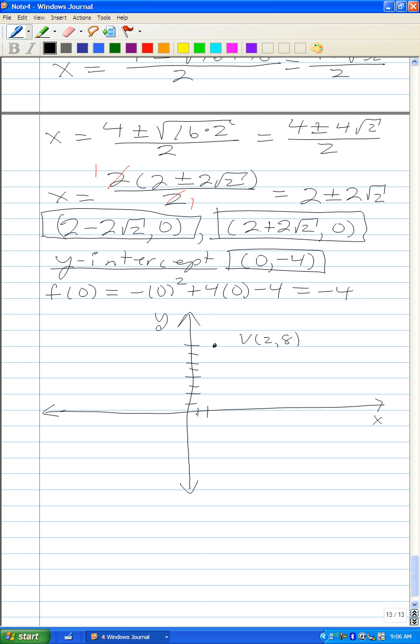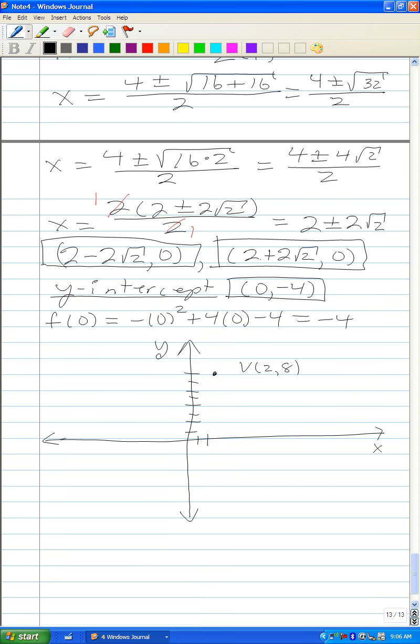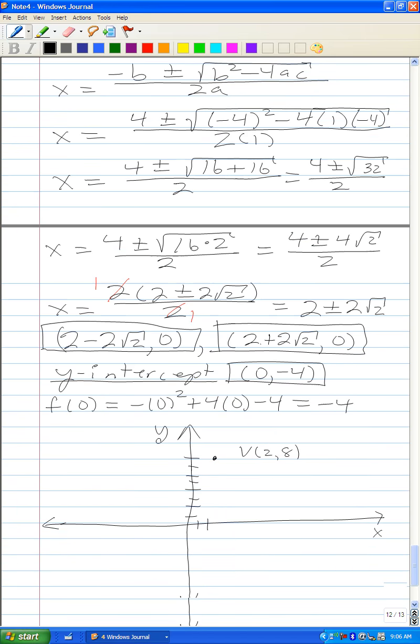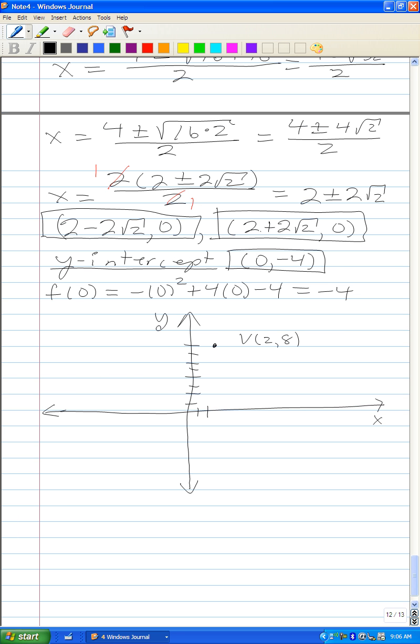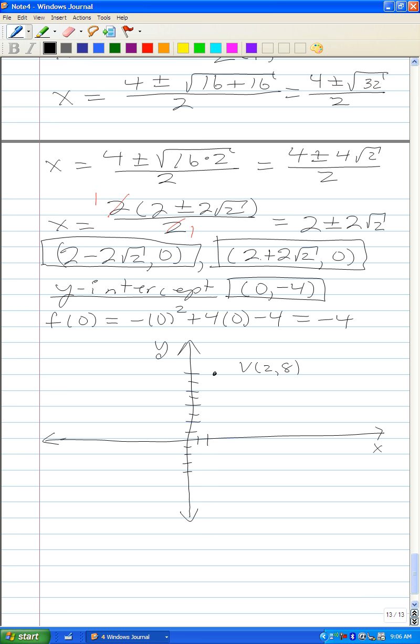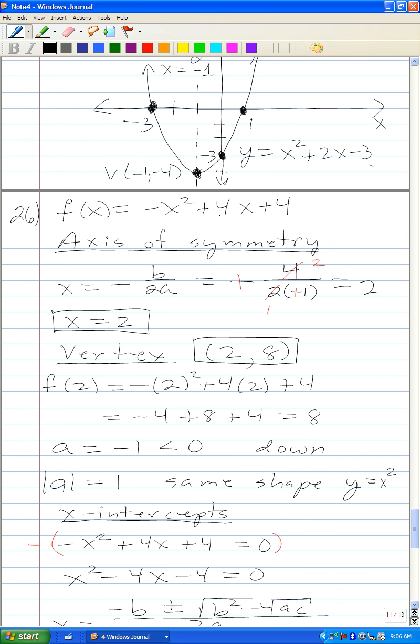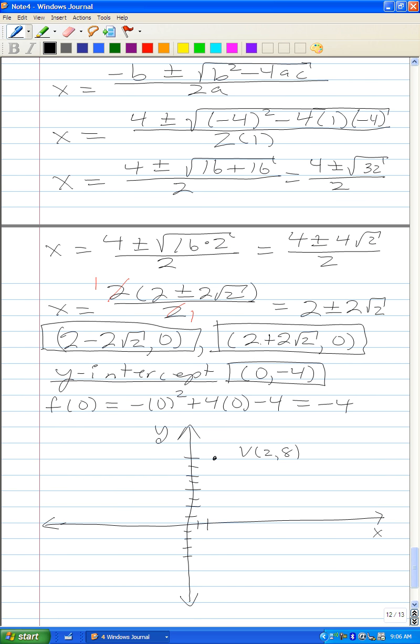So there, 2, 8. Okay, and the axis of symmetry is x equals 2, the y-intercept is negative 4. Oh, wow, way down there. Okay. Vertex is at 2, 8.